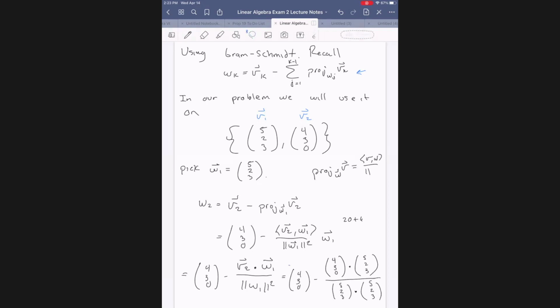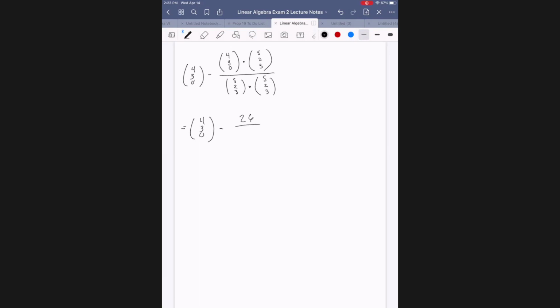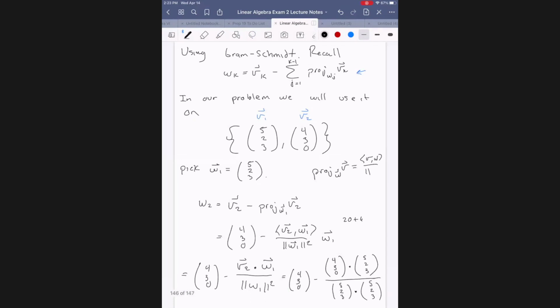So this is going to equal 430 minus, so the top is going to be 4 times 5, which is 20, plus 6, which is 26, divided by 5 times 5, which is 25, plus 4, plus 9. And we still need the 5, 2, 3 here.